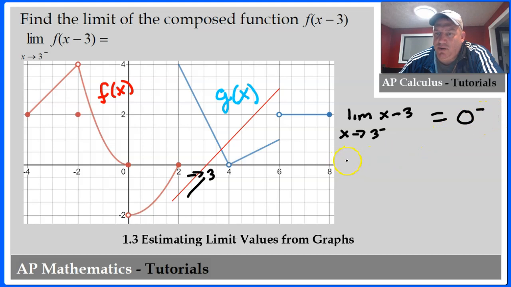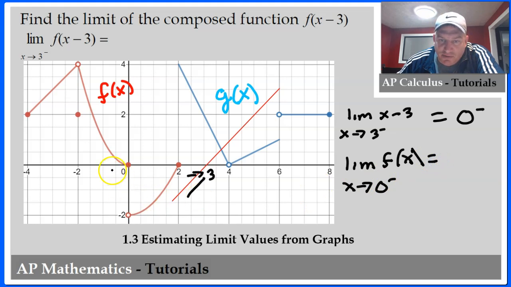Now we're going to be looking at the limit of our f function as our x values approach 0 from the left-hand side. And lo and behold, we're looking at exactly what we thought the answer would be. As we approach 0 from the left-hand side, my function does approach 0.